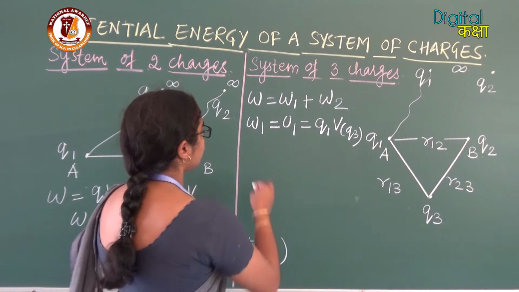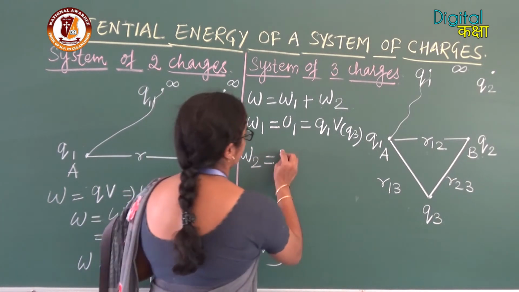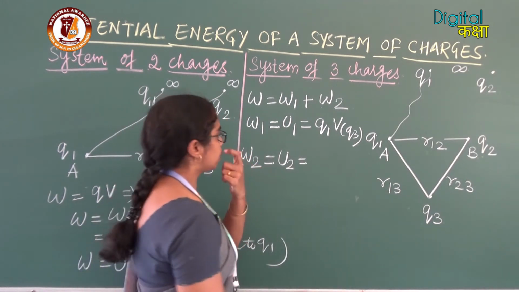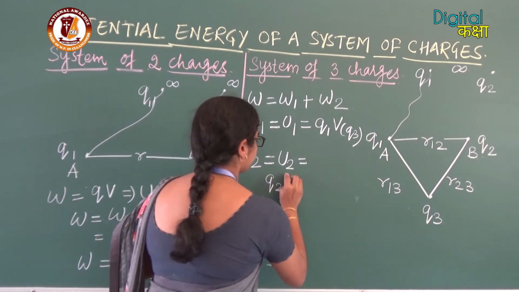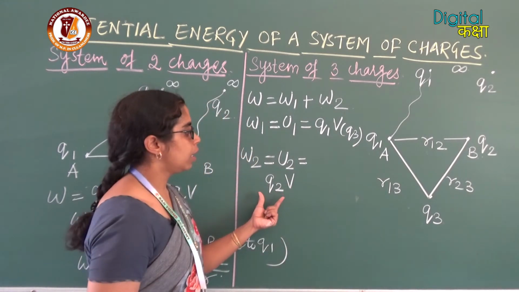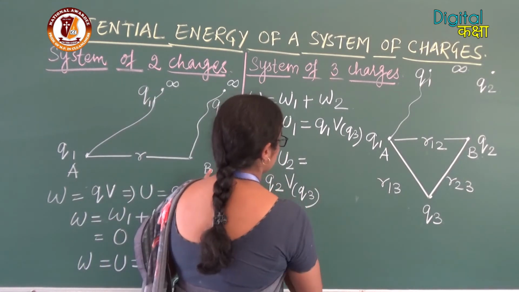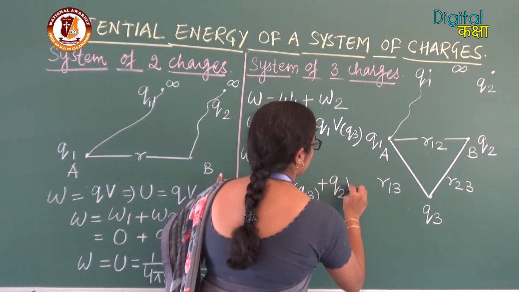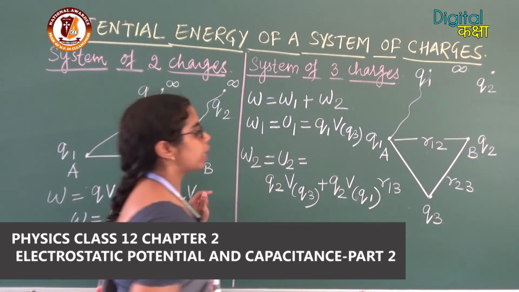So, in order to calculate the value of W2, or U2, this will be given by the product of Q2 multiplied by the potential due to the Q3 charge, plus the product of Q2 multiplied by the potential of the Q1 charge.